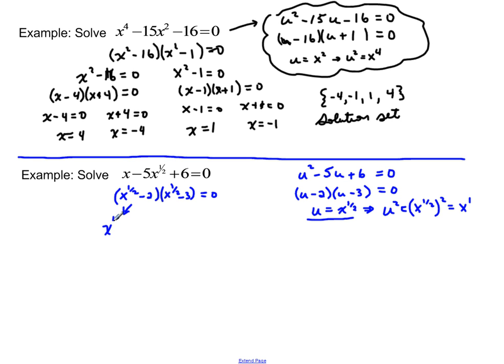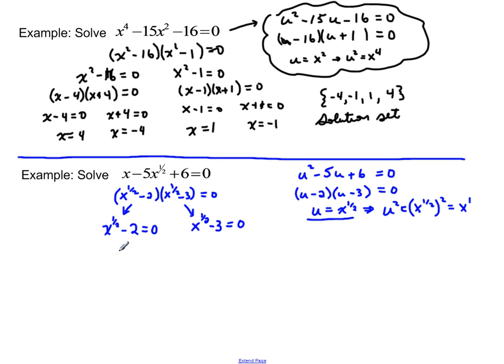Now, the last time we did this, we found that only one of these answers works. And so we might be interested to find out whether or not that's the case here. I'm getting ahead of myself. I shouldn't write and talk at the same time. I always run into trouble. x to the 1/2 minus 2 equals 0, and x to the 1/2 minus 3 is equal to 0. Okay, so what are we going to do right here?